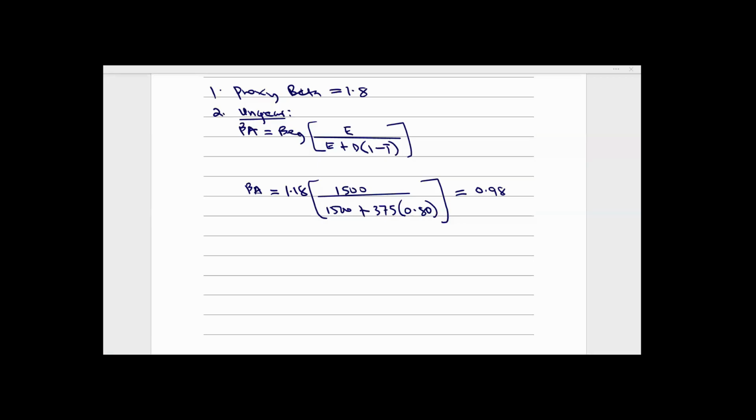That's 300. So 1,500 divided by 1,800, then multiply by 1.18. That's 0.98, so we are correct. Then step 3. Step 3 is to regear.